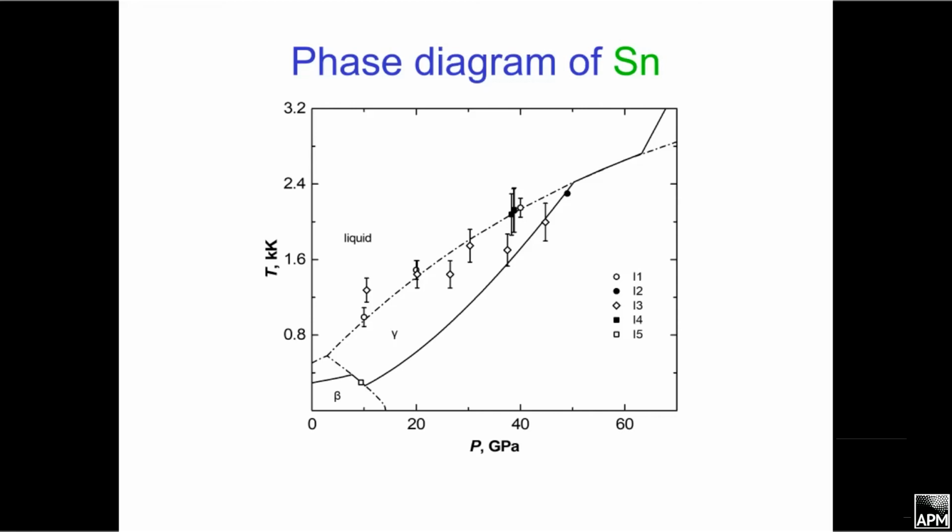Markers correspond to temperature measurements at high pressures. All of these points correspond to the melting curve and were obtained using different methods.